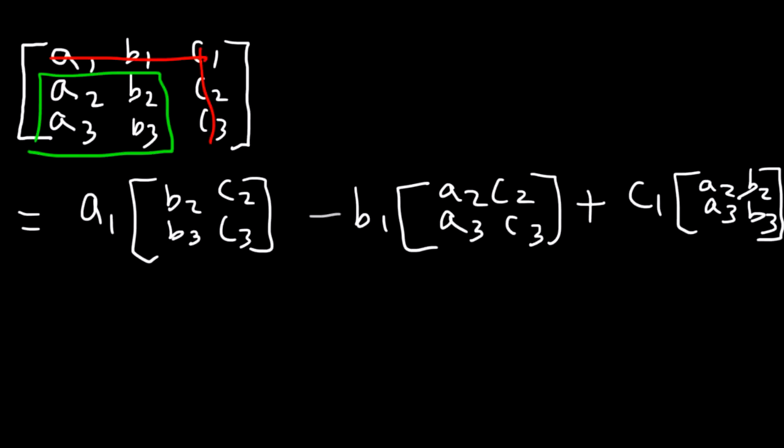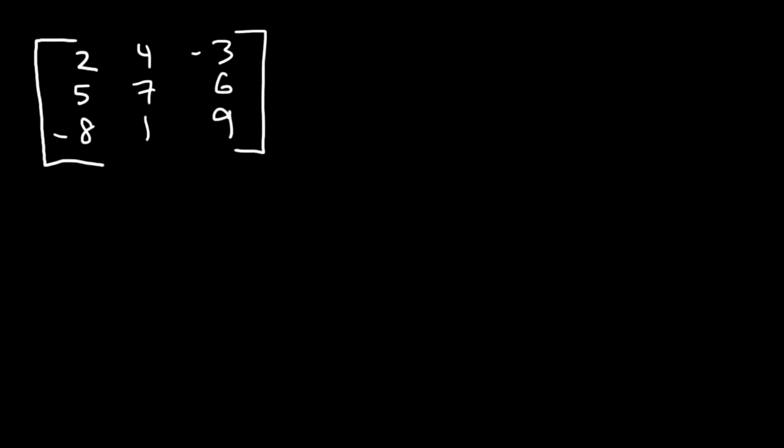So now let's work on an example. So let's say we have 2, 4, negative 3, 5, 7, 6, negative 8, 1, and 9. So feel free to pause the video and work on this example. So we're going to use 2 first. We're going to put the 2 in front. And once we use the 2, we need to get rid of row 1 and column 1.